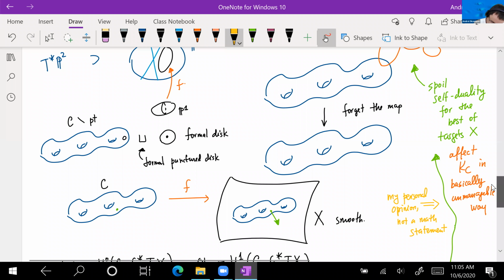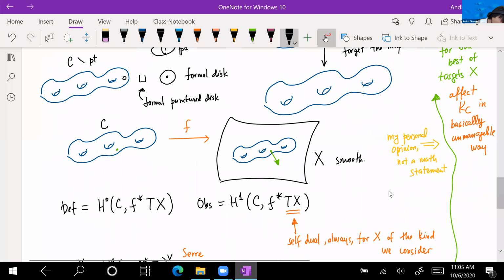A good thing to look at is a paper by Henry Liu. A good paper to read.